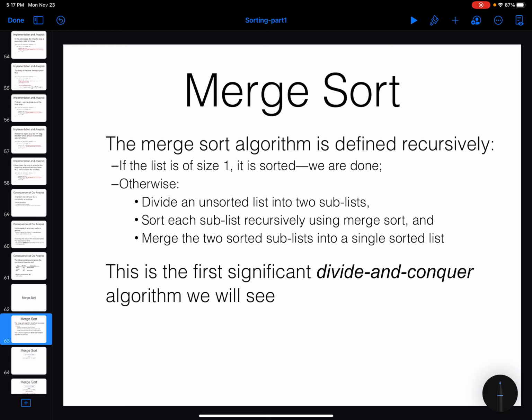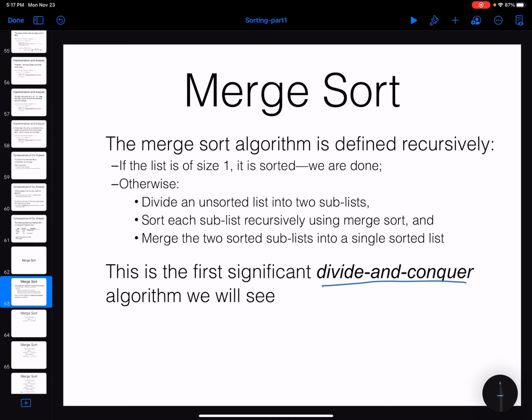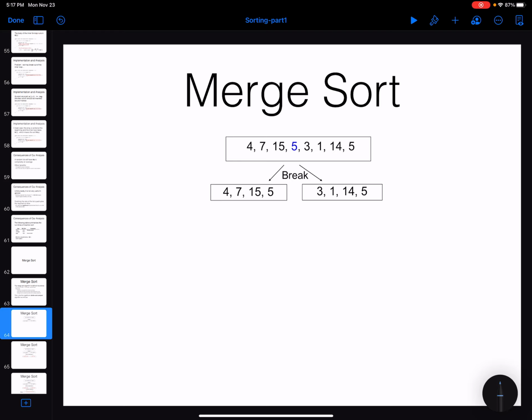So the idea is to divide the problem into smaller sub-problems, conquer each one, then merge the solutions and get the solution for the larger problem. I'm not going to emphasize this important problem-solving technique, which is basically a recursive idea, but let's get back to merge sort.